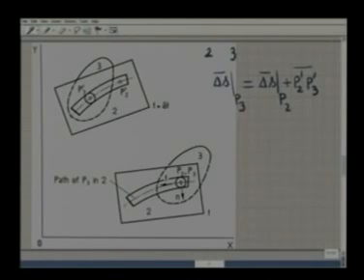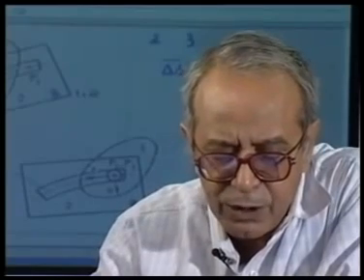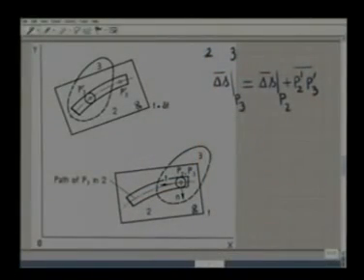Now if we think of an observer who is sitting on body 2, and we ask this observer who is attached to body 2 what is the displacement of the point P3, then his answer will be the point P3 at time t was here and now it has moved to P3 prime.